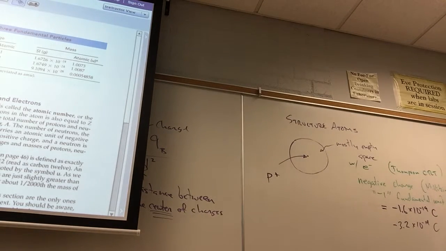And so it's going to be quantized as far as the next allowed charge, which is 4.8 times 10 to the minus 19 coulombs. And so this fundamental unit of charge is just n times -1, where n is an integer.